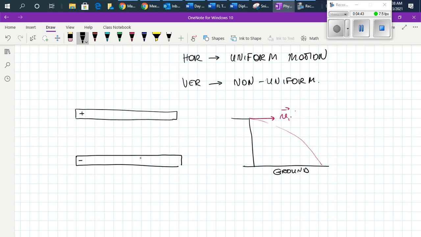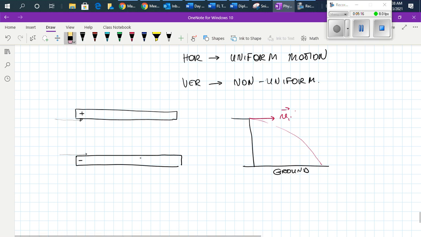Now the particle can be thrown very close to one of the plates. If it is the positive plate, probably it will be this situation, or if it is the negative plate, it will be this situation, or somewhere in between. In most cases it is at the mid distance between the plates, and in some cases it is 2/3 of the distance, 1/3 of the distance, or whatever.